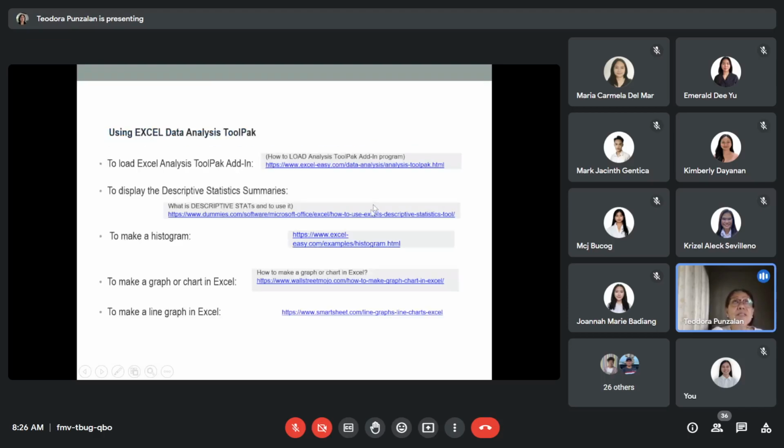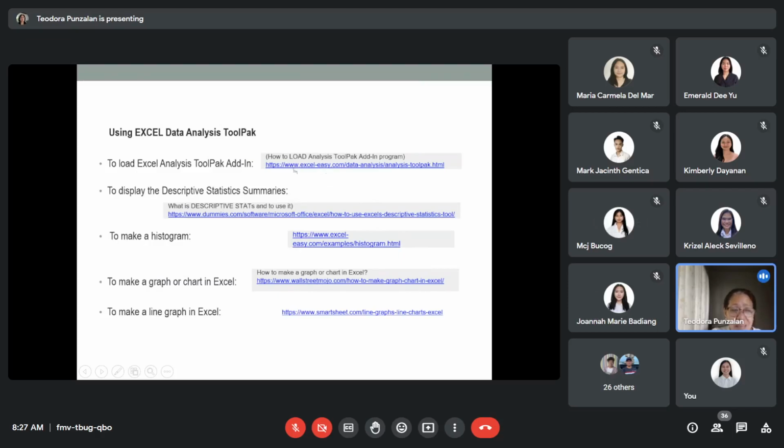it's really my intention to discuss today how to load the Excel Data Analysis ToolPak into your laptop, into your Excel, if you don't have it yet. If your laptop is a Mac, there are separate instructions on how to load it.